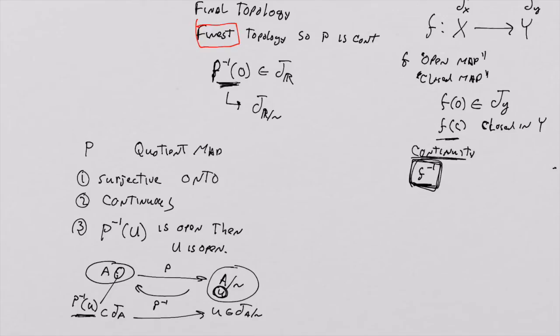And this is a bit of an awkward way of looking at things, because it's not really a definition of continuity. If you have an open set here, P inverse has to give you an open set here if P is continuous. So if we use the final topology, it will be okay in that regard. Any open set in the quotient space under the inverse projection will have an open image here.